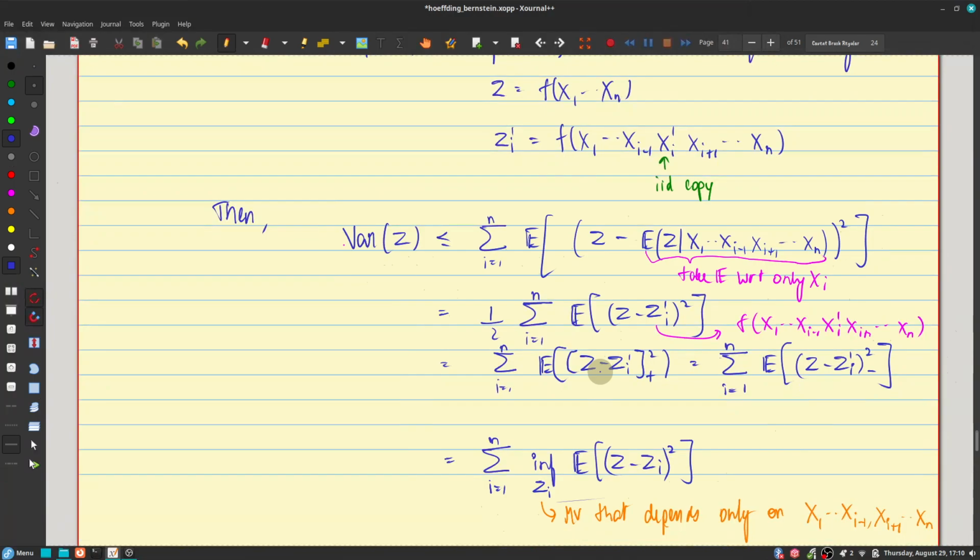For a self-bounding function, you won't get much improvement here, but there are many other problems where in fact you will get an improvement.